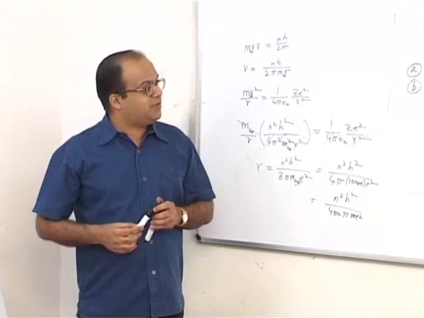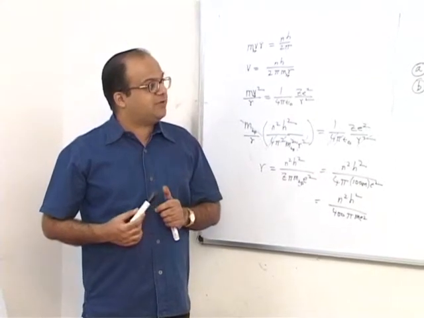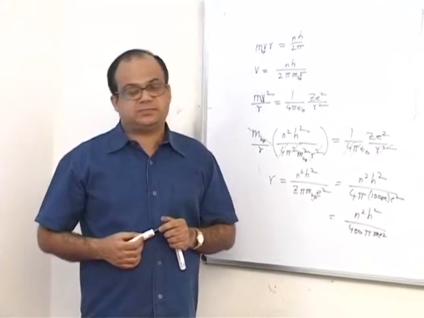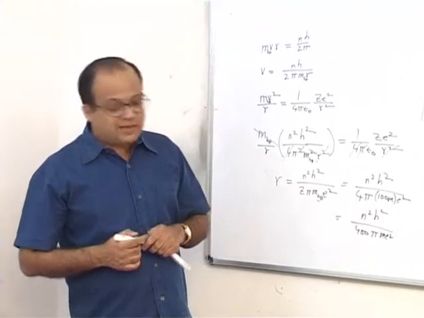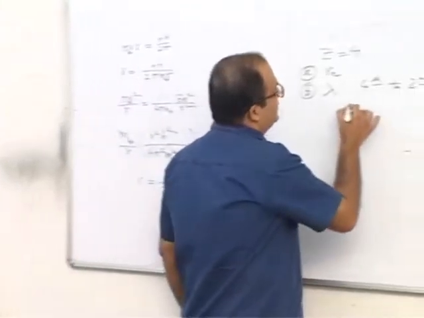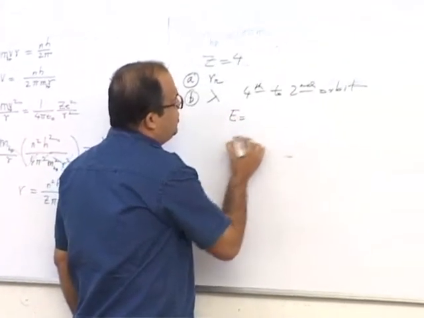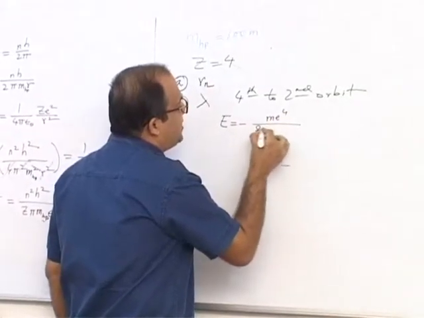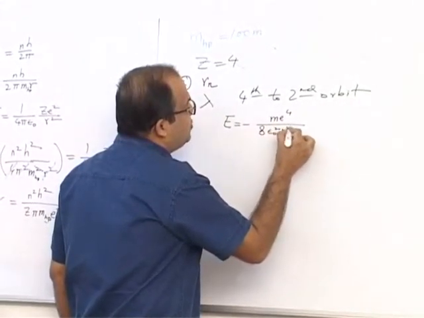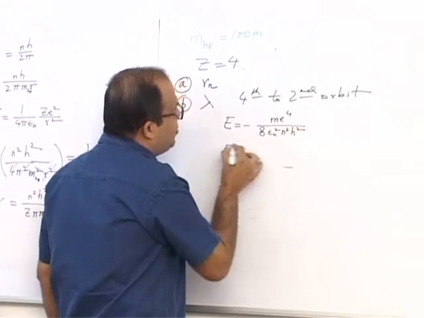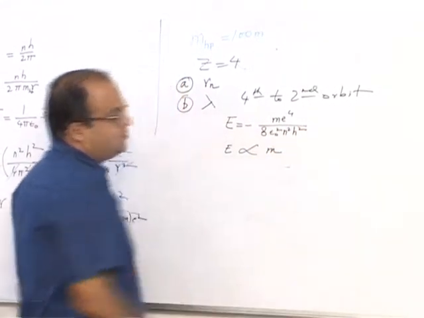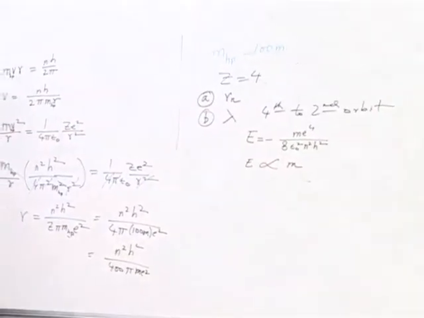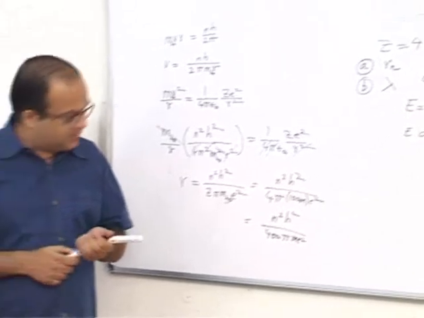Now, how to find the wavelength of the emitted photon when jumping from 4th orbit to 2nd orbit? We know that energy is equal to minus m e to the power 4 by 8 epsilon naught square n square h square. So energy is proportional to mass. As the mass of the particle is going to increase, the energy of the emitted photon is going to increase.